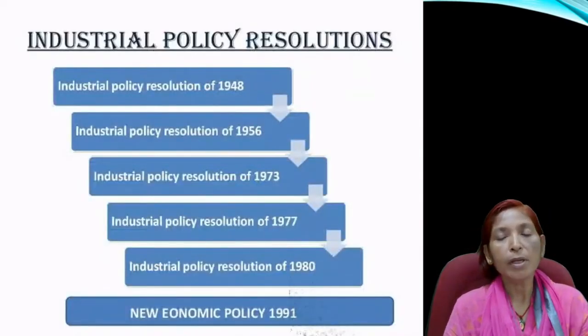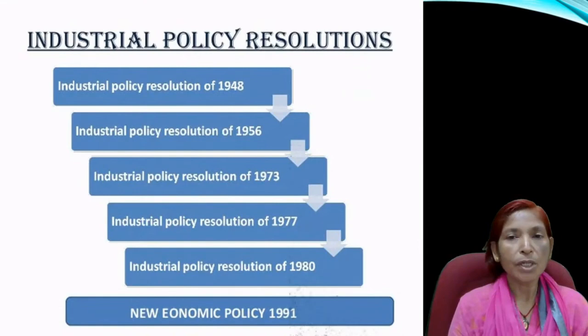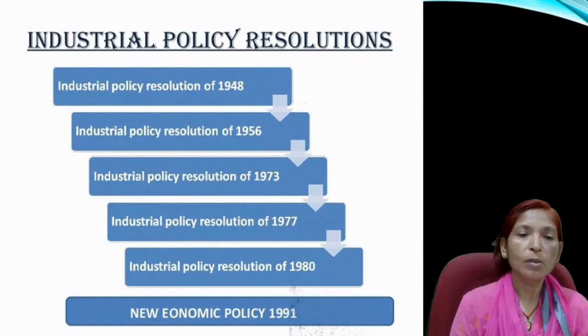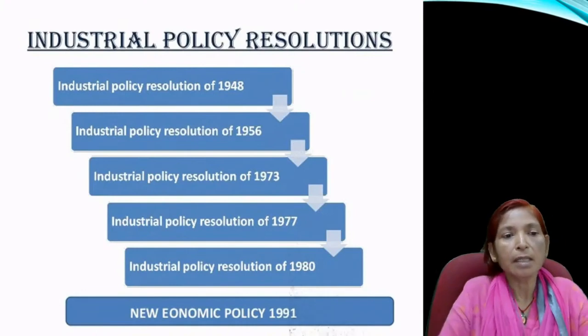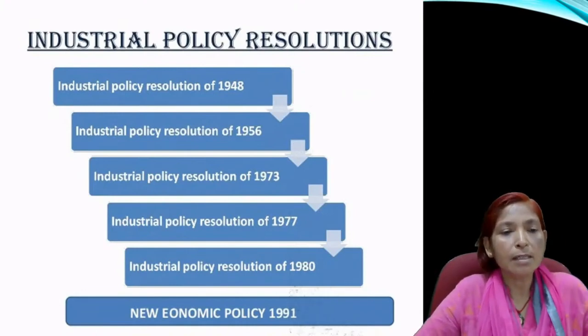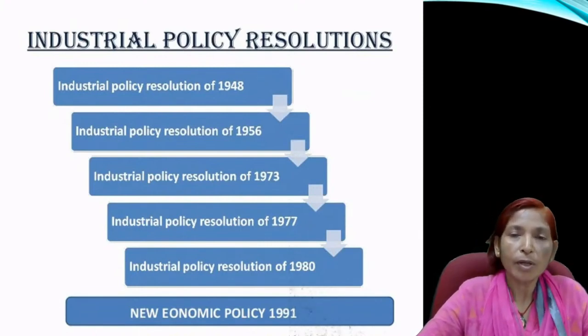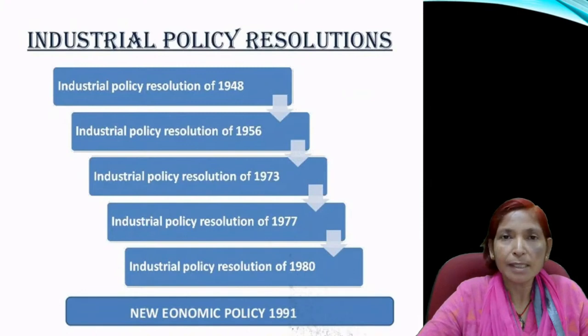Next is industrial policy resolution. These are the different time periods in which industrial policy resolutions have been passed. One is Industrial Policy Resolution of 1948. Next is Industrial Policy Resolution of 1956. Next is Industrial Policy Resolution of 1973. Industrial Policy Resolution of 1977.